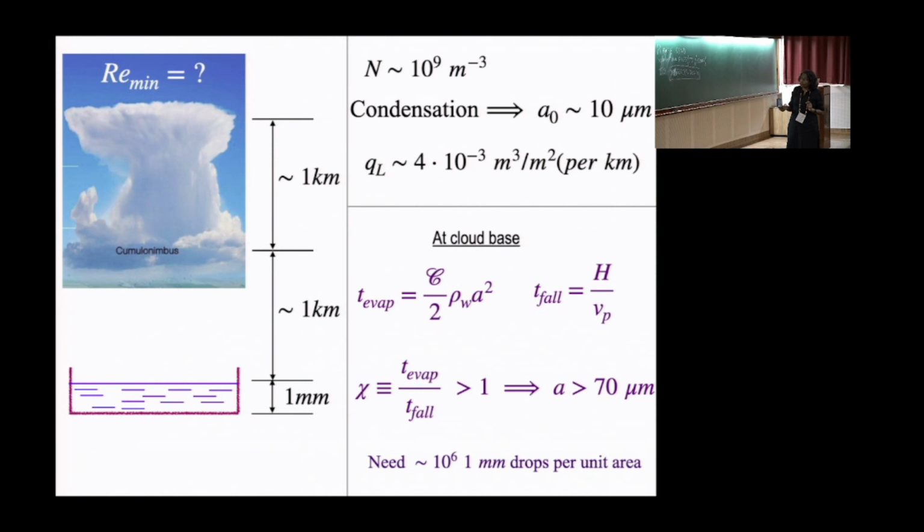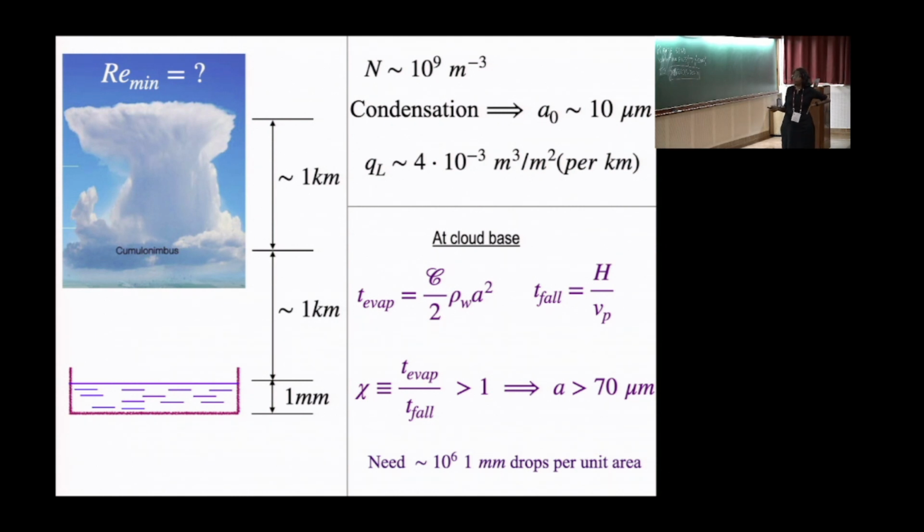And from there, these droplets are now sedimenting, okay? And we have an evaporation time and a falling time, which are given by some constant times water density divided by a, where a is the radius of the droplet at all times. Then you have a fall time which depends on the total height h above the ground divided by the terminal velocity, which keeps changing when you evaporate.